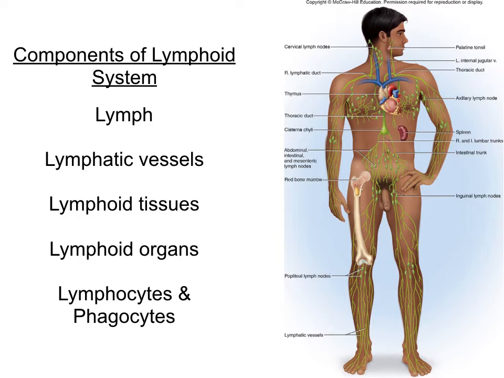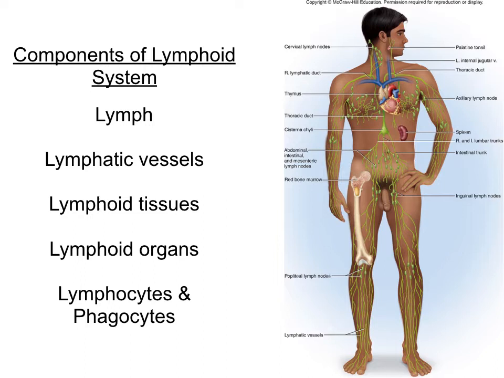Now, when you start thinking about the lymphoid system and its components, there is a unique fluid flowing within it, and the fluid is called lymph. Lymph resembles plasma, but it has a lower concentration of protein. You have lymphatic vessels, which are unique because they actually begin in body tissues, and then they end at veins.